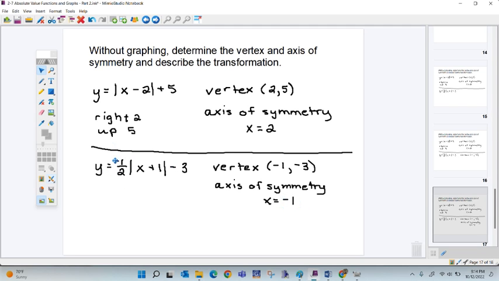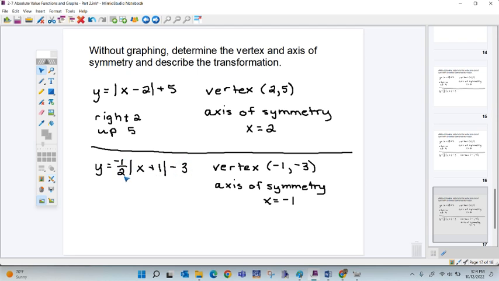Over here, this is going to tell us something about stretch or compress. Think about it for a minute. This tells us we moved left 1. This tells us we moved down 3. This tells us that we compressed.